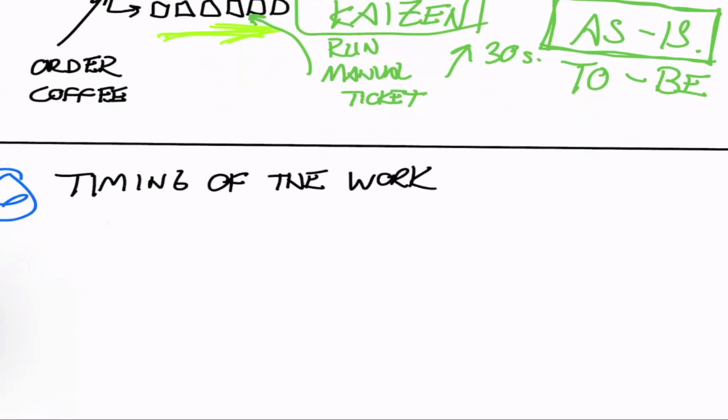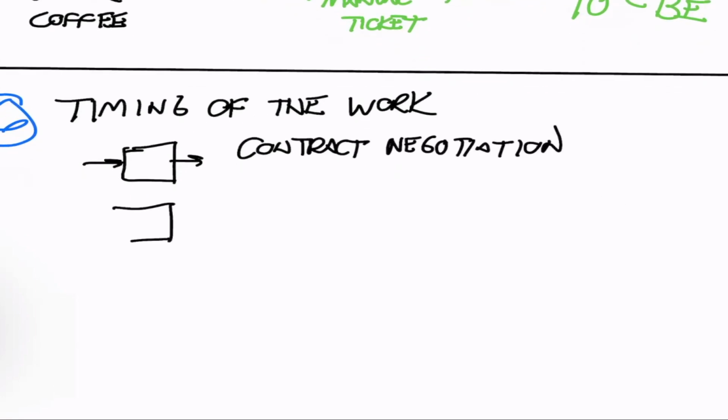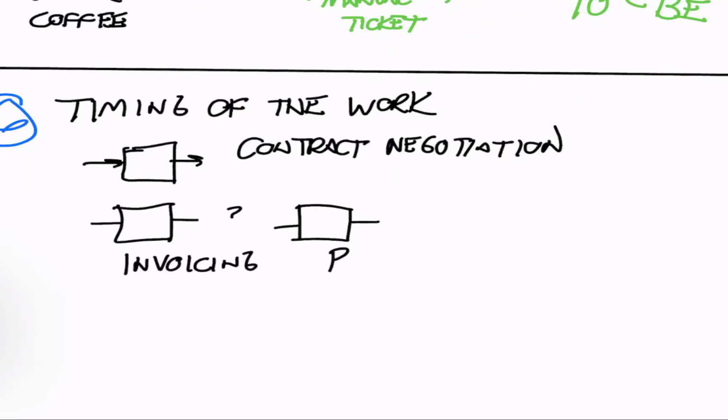Okay. So let's just say we have a piece of a process, and this is a contract negotiation. Then I have another part of a process. I'm not sure at this point if there's anything in the middle, but it's going to be invoicing and payments.